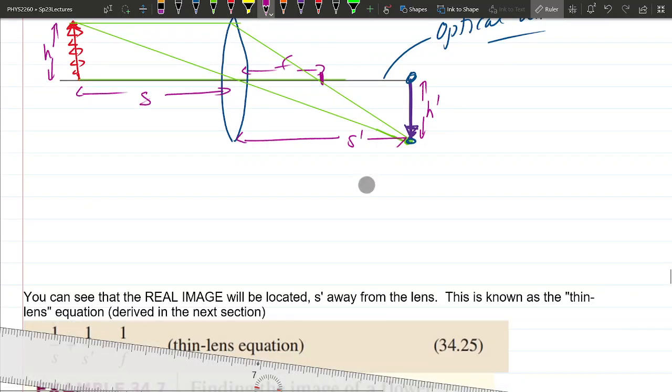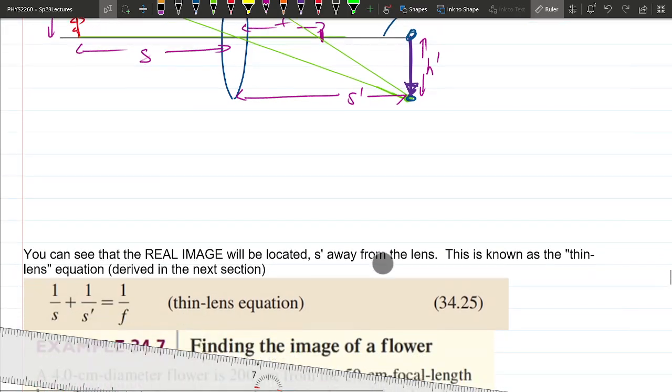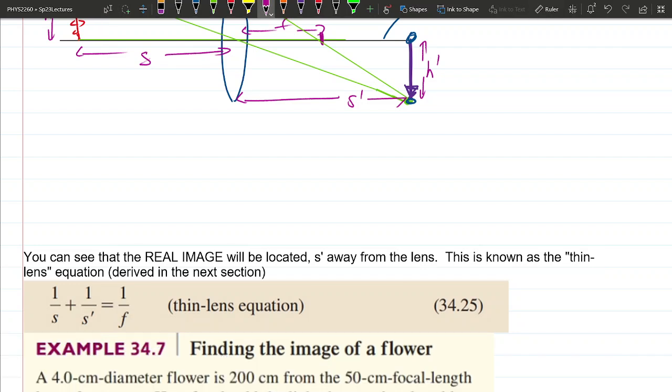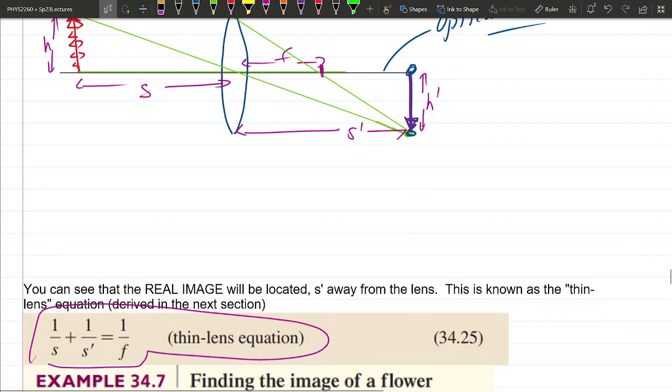In fact, you can relate all of this information together. The book tries to have you do it with rulers and stuff at first, but then they basically tell you what this equation is. This is known as the thin lens equation, which allows you to relate S prime and the focal length to each other.